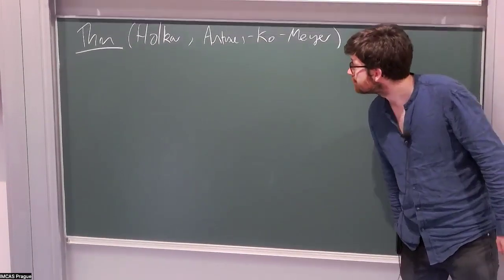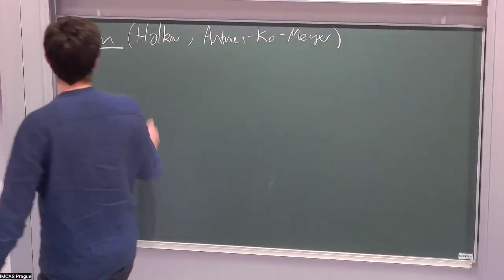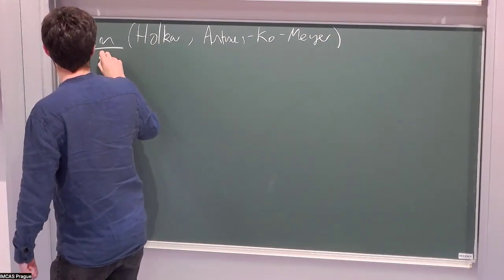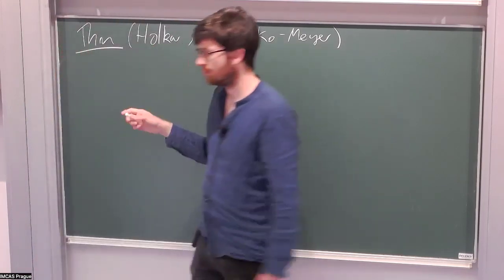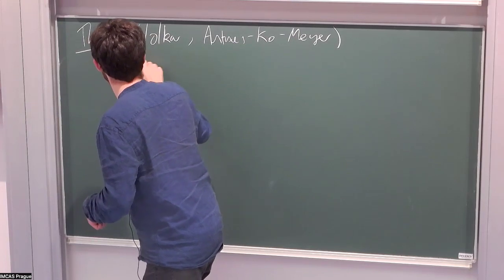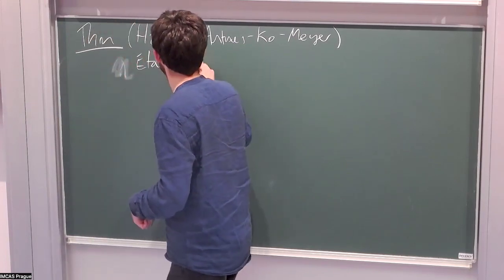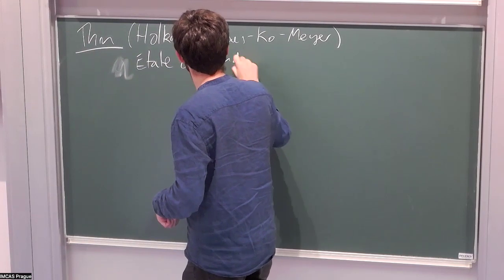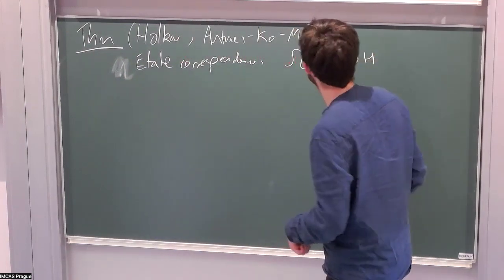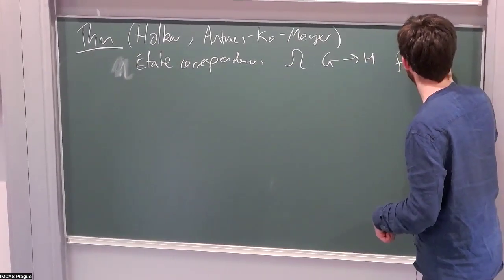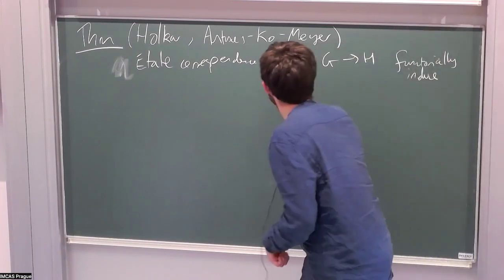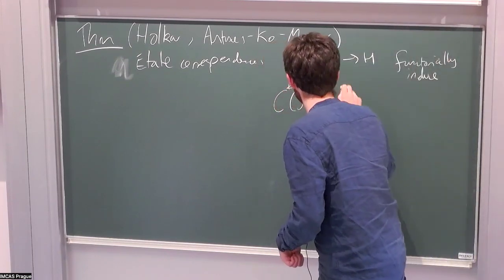And it basically says that étale correspondences functorially induce C-star correspondences.